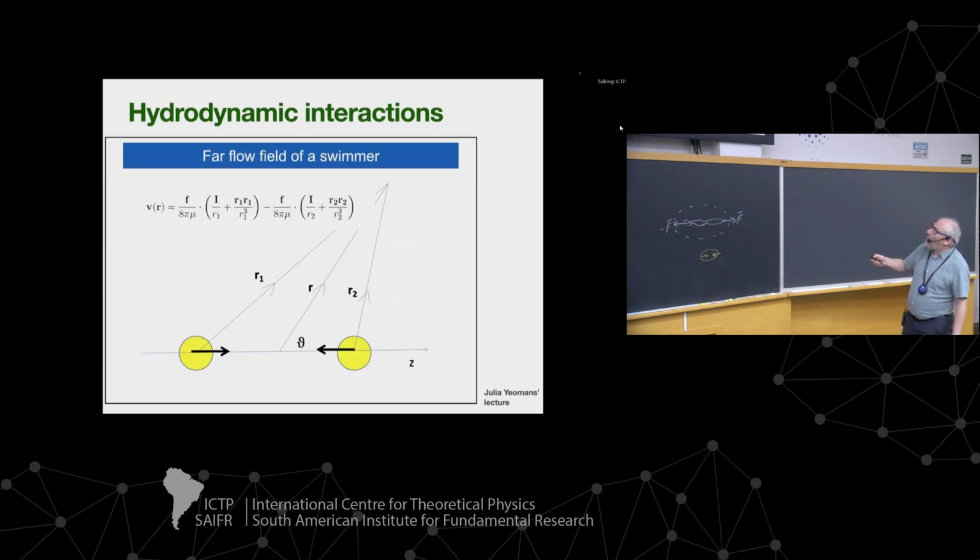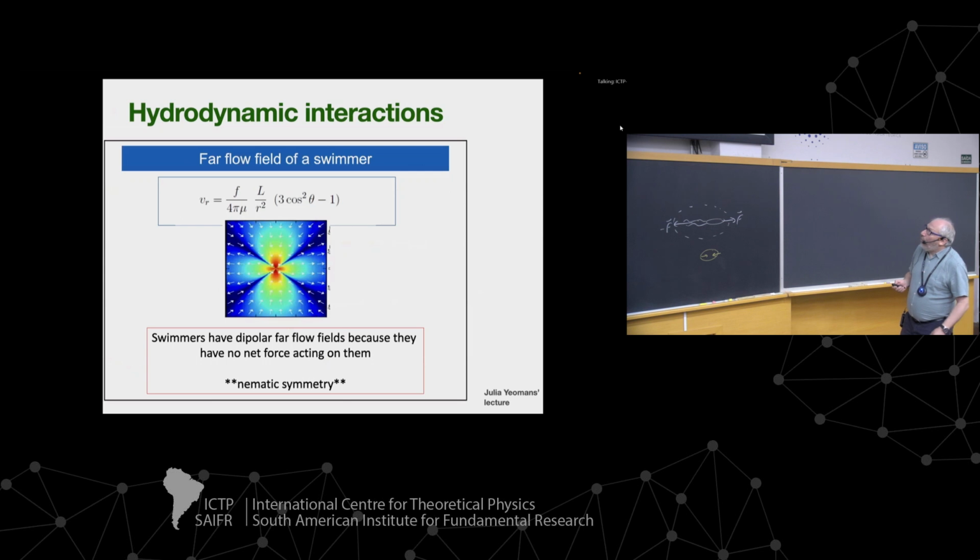The total velocity field is the field generated by this force, which depends on this distance R1, plus the flow generated by the other force, which depends on that distance. And far from the swimmer, this is her result, that the velocity field has this shape, and this is what I'm going to discuss a bit more in detail now.